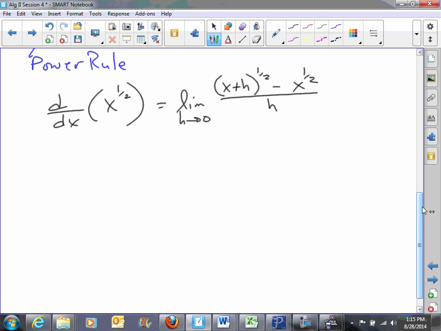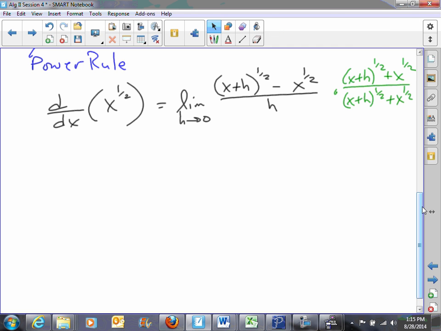Now, by the time you're watching this video, or shortly thereafter, you're going to learn that evaluating limits, one of the tricks is to rationalize the numerator. And that's what we're going to do in this case. We're going to multiply numerator and denominator by (x plus h) to the 1/2 plus x to the 1/2 over (x plus h) to the 1/2 plus x to the 1/2.